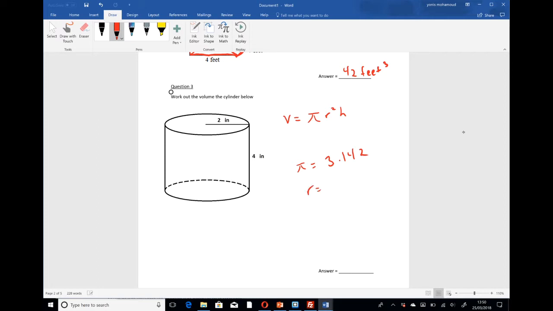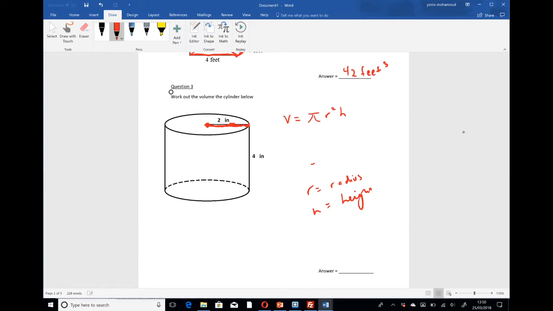R is the radius. The radius is basically the distance from the middle of the circle to the side, which is the circumference. And h is equal to the height of the shape.